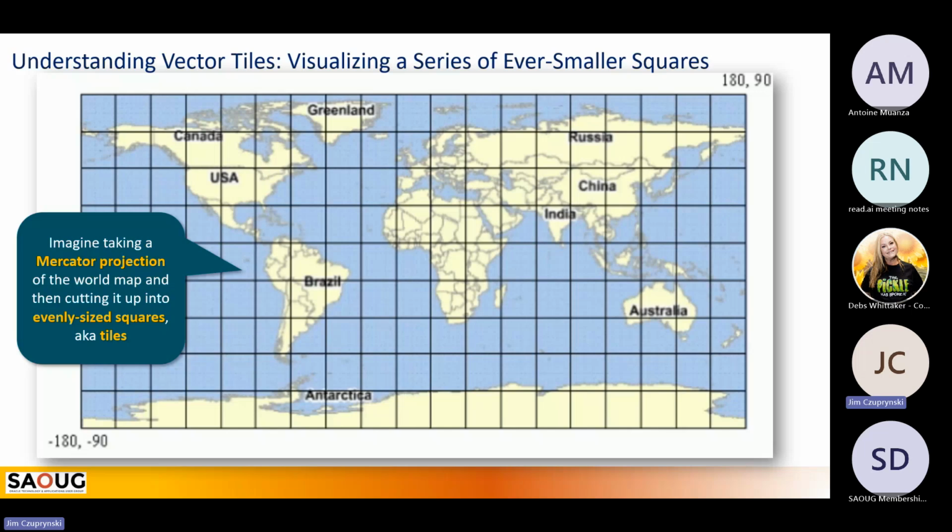But imagine, in any case, if I took a Mercator projection and cut it up into evenly sized squares, tiles, if you will, and at the highest level, looking at these squares, imagine only four tiles, because that's the highest level.